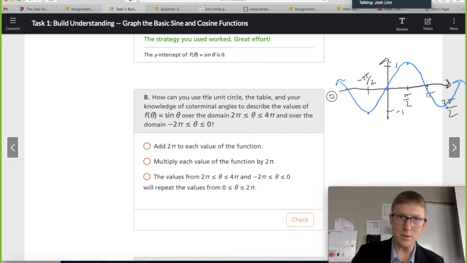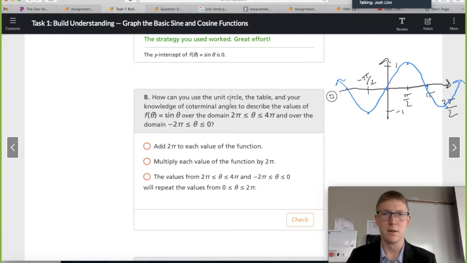So how can you use the unit circle, the table, and your knowledge of coterminal angles to describe the values over the domain 2 pi to 4 pi, and over the domain -2 pi to 0?